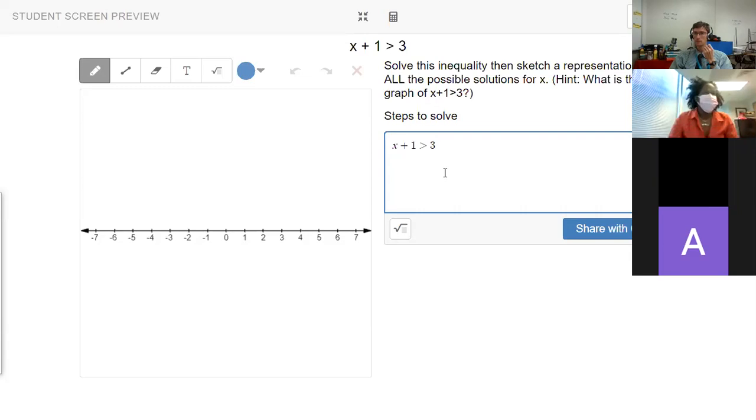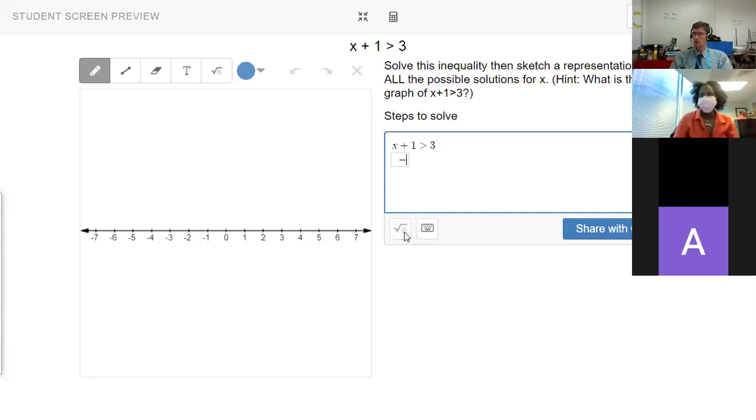Charlize has helped you out in the chat. She said subtract. Do you know how much we have to subtract by? 1. Right.